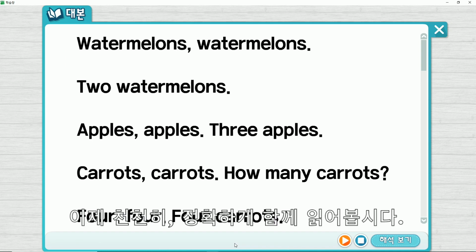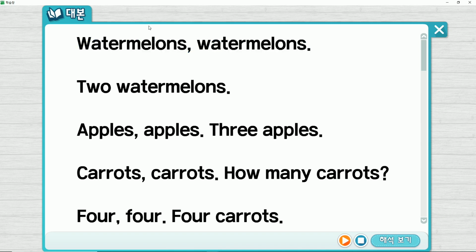Good. Now read together slowly, correctly. Watermelon. 2 watermelon. Apples. 3 apples.